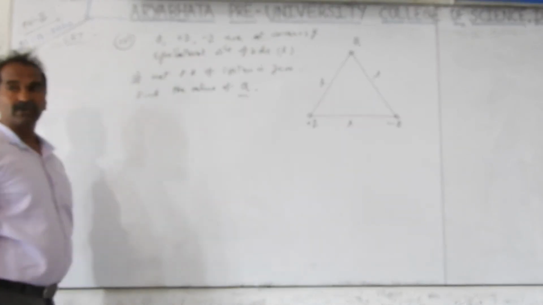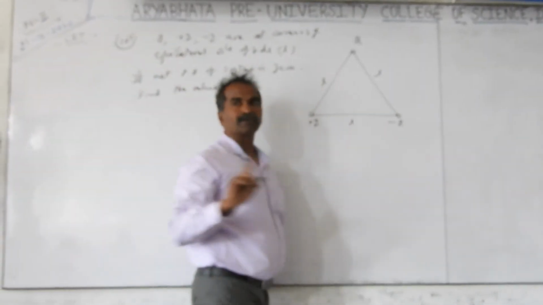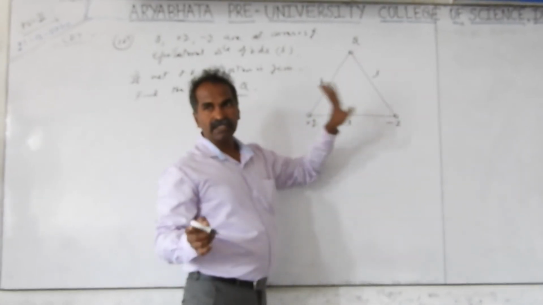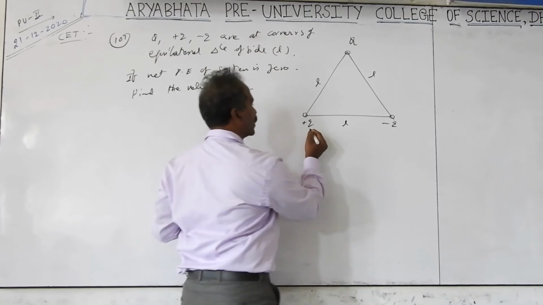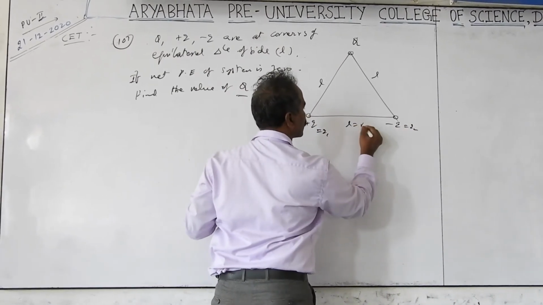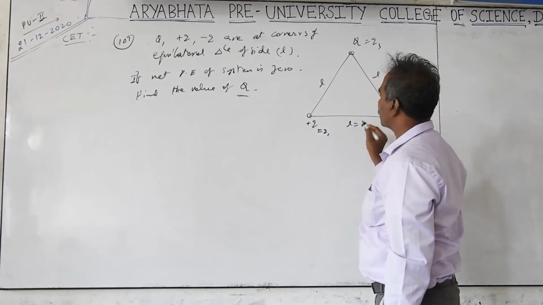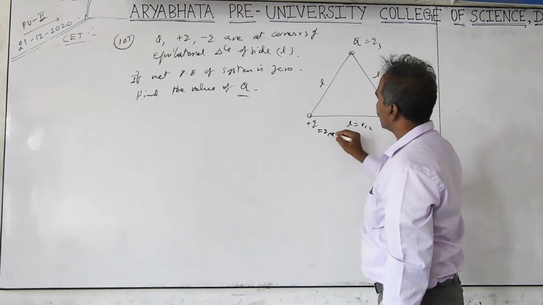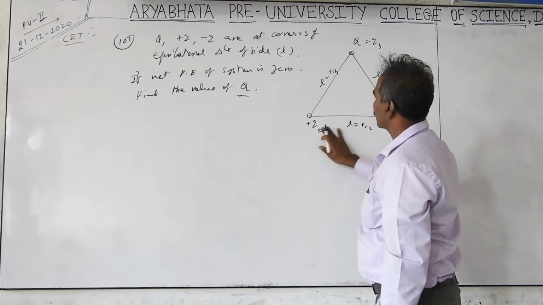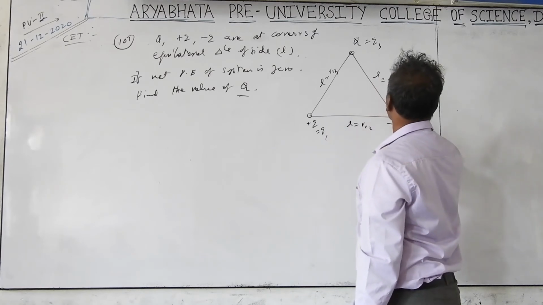Okay, mutual potential energy you have taken. What are the mutual potential energies? Between these two, Q1 Q2 by 4 pi epsilon naught R12. Between these two and between these two, totally there are 3 mutual potential energies. I will take this as Q1, this is say Q2, the distance becomes R12, and this I will take as Q3. To write the formula, this is R12, this is R13, this is R23.